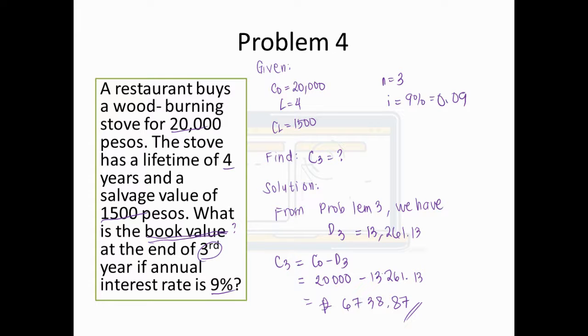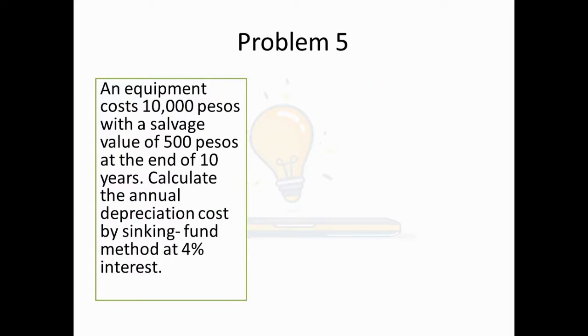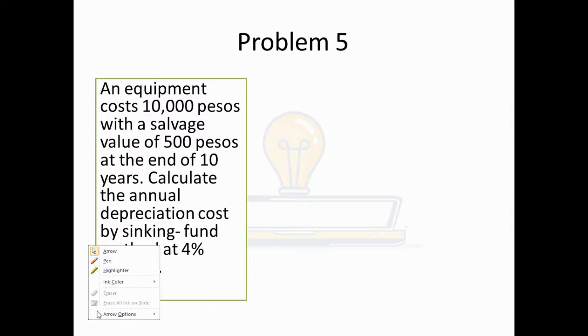Okay, so we have remaining one problem for this part. And we have our problem number 5. For problem 5, an equipment cost 10,000 pesos with a salvage value of 500 pesos at the end of 10 years.